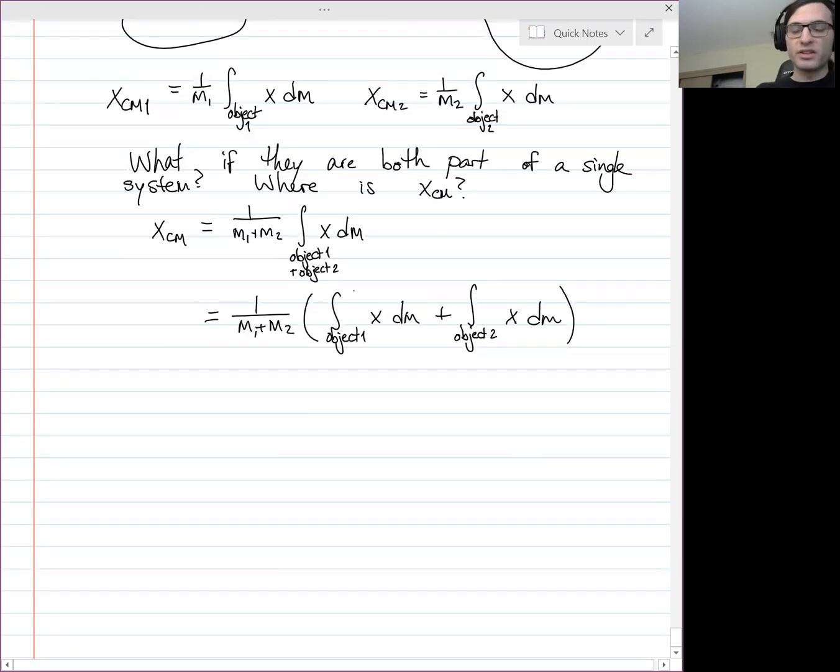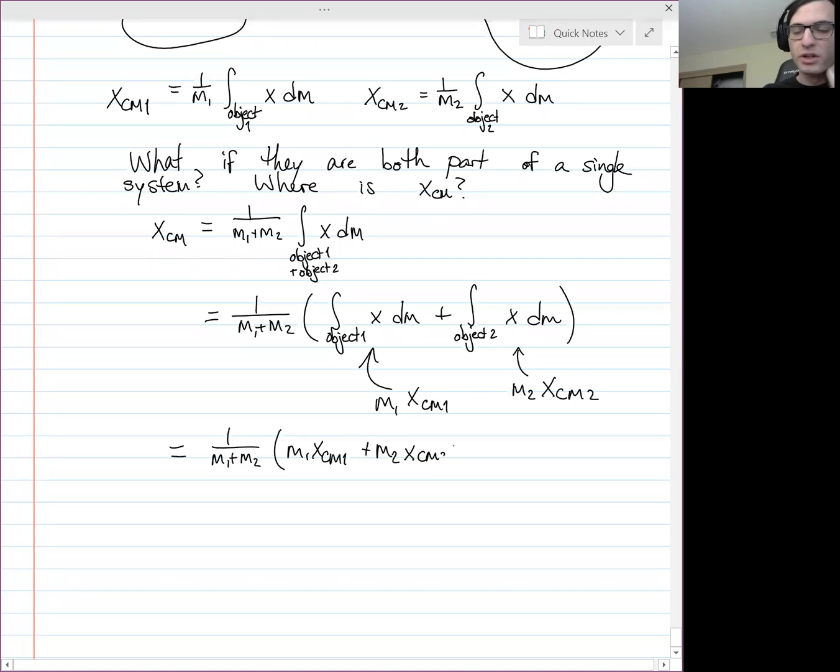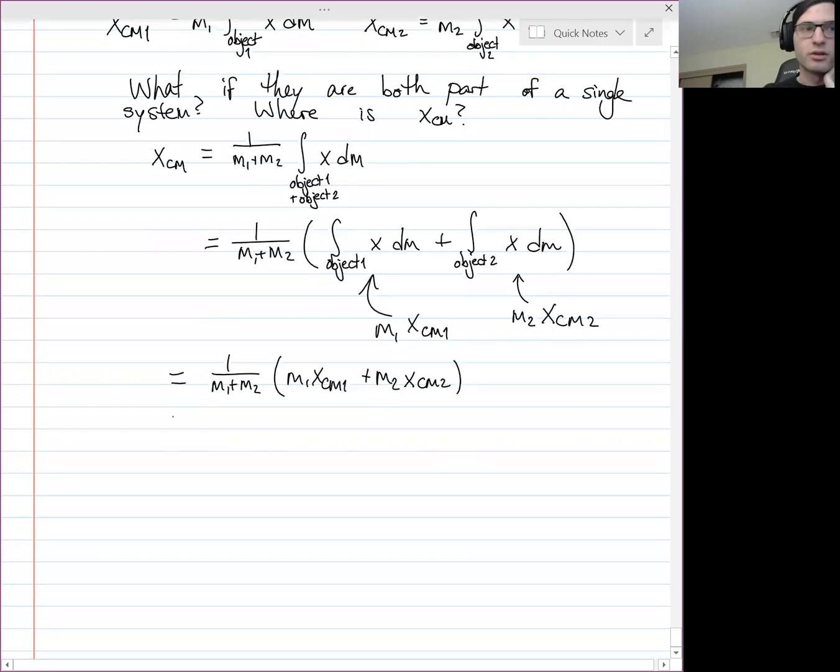This is just m1 times xcm1, and this is just m2 times xcm2. So what we get is 1 divided by m1 plus m2 times m1 xcm1 plus m2 xcm2.